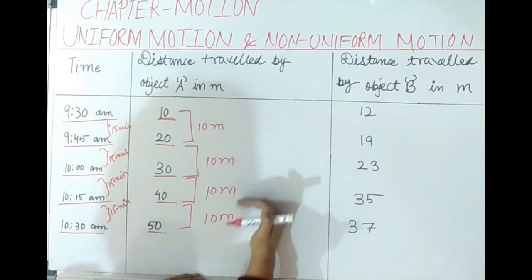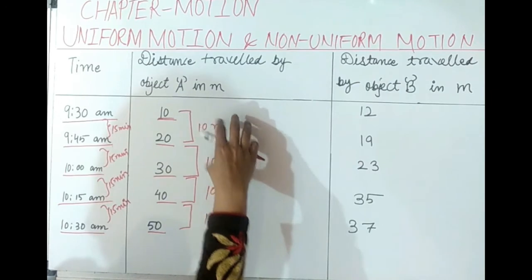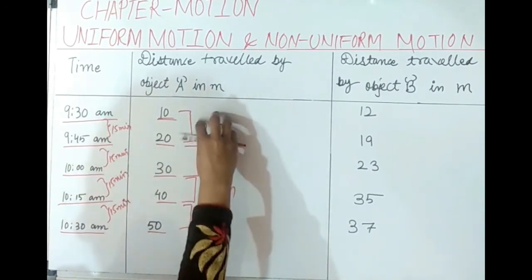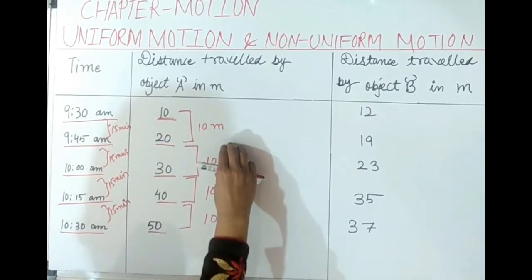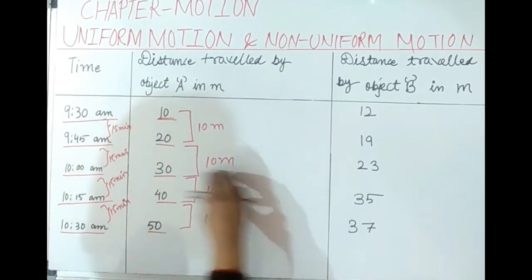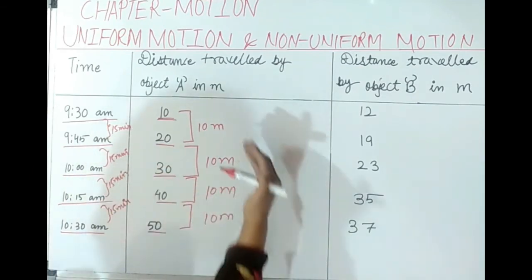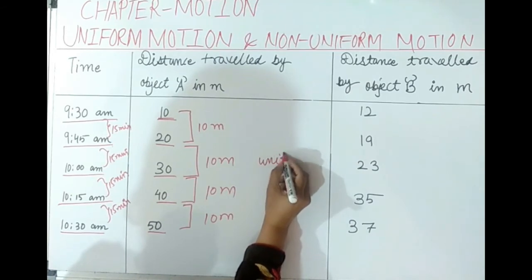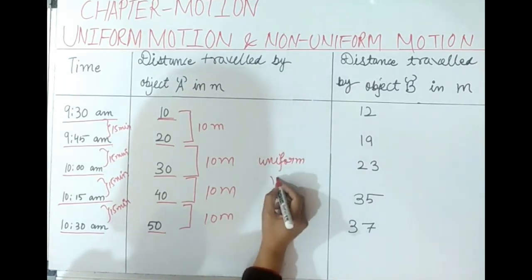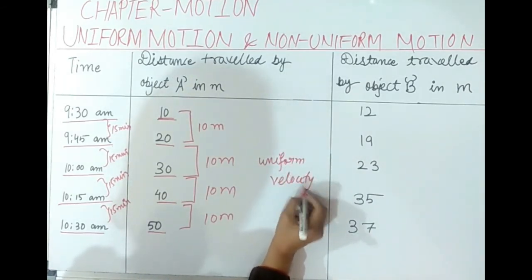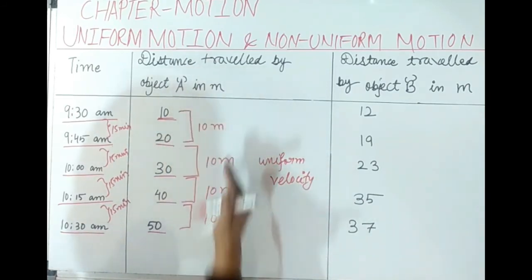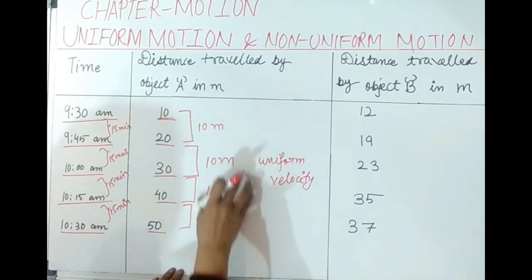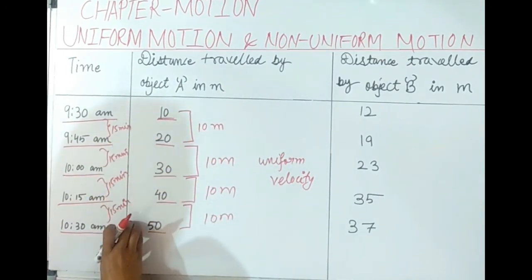So what we have observed here is that the object has covered equal distances in equal intervals of time. 10 meters in 15 minutes, 10 meters in 15 minutes, 10 meters in 15 minutes. So the object here is moving with uniform velocity. The object is showing uniform motion. How is the object moving? It is moving equal distances in equal intervals of time.